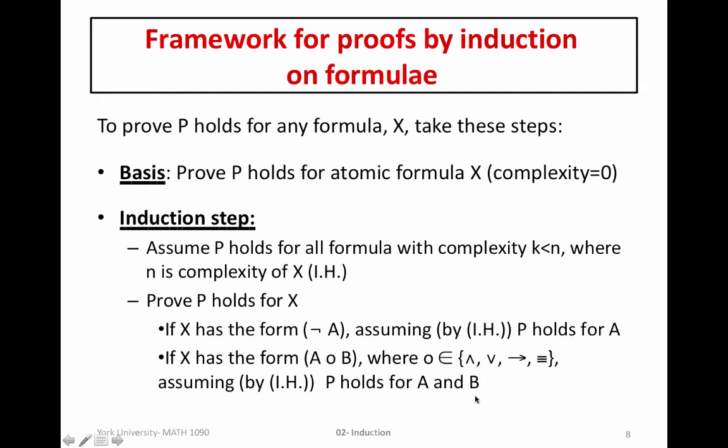We don't know exactly what their value is, which is why we need the stronger hypothesis, but essentially we can assume by the induction hypothesis that the property holds for A and B, and we use this to prove that the property holds for x, which is of the form A and B, A or B, A implies B, or A equivalent to B. And this is all possible cases of the form that x could have based on our formula calculation.